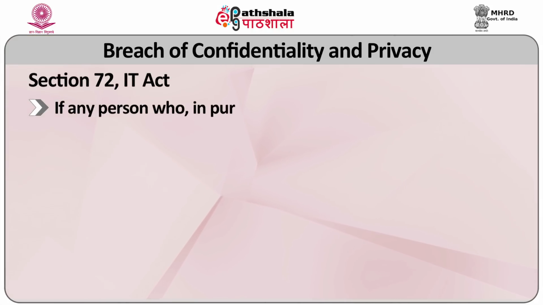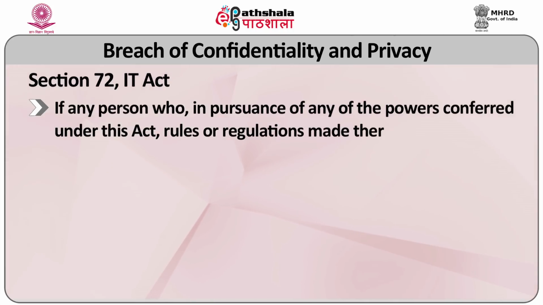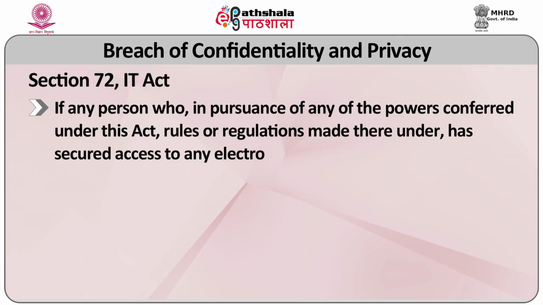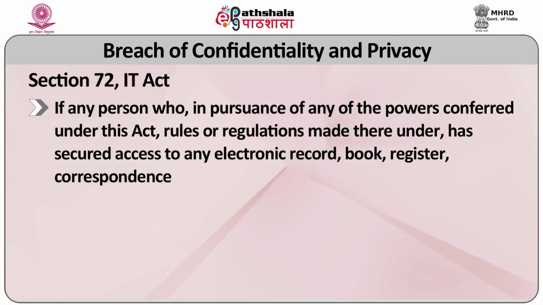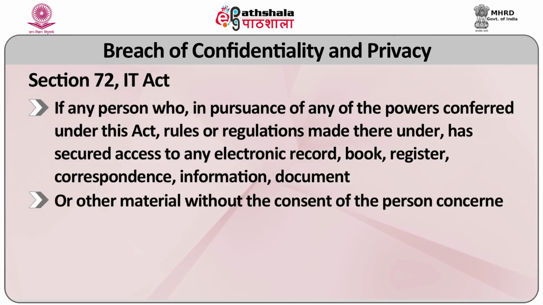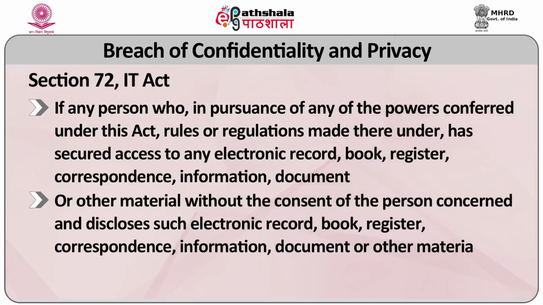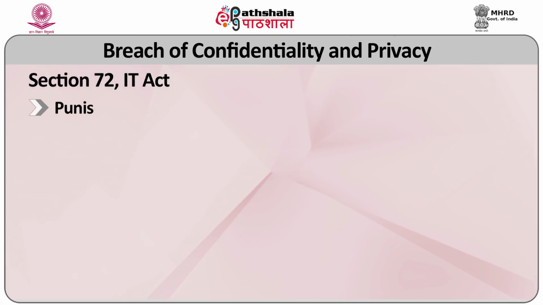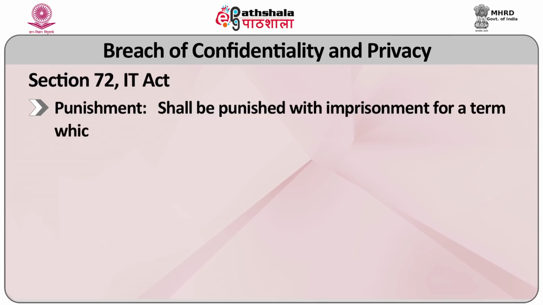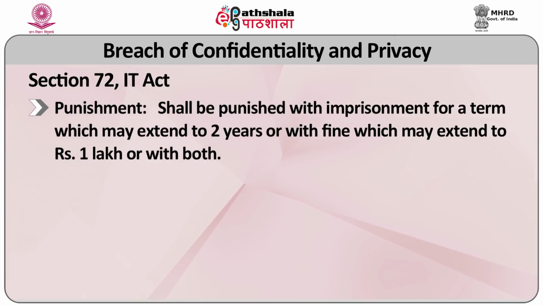If any person who, in pursuance of any of the powers conferred under this Act, rules and regulations made under the Act, has secured access to any electronic record, book, register, correspondence, information, document or other material without the consent of the person concerned and discloses it to any other person, shall be punished with imprisonment for a term which may extend up to 2 years, or with a fine which may extend up to rupees 1 lakh, or with both.